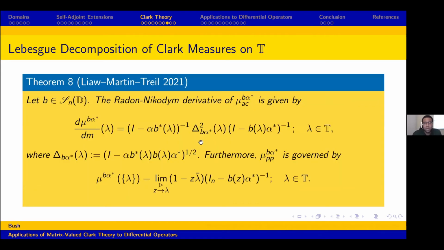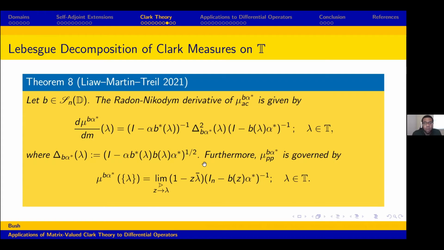So as promised, let's talk about the Lebesgue decomposition of Clark measures on T. We're going to look at a function that is an n by n contraction, so that's the unit ball of analytic functions on the disk. And the Radon-Nikodym derivative, for the AC part, is given by this expression here, where this delta is this symmetric term.